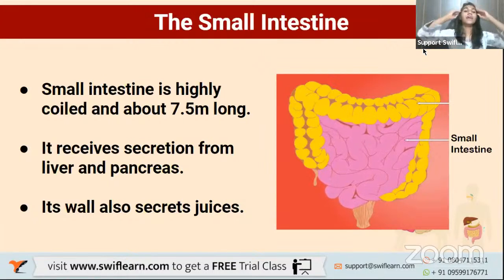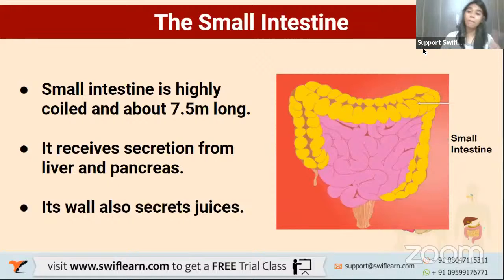Now, the small intestine receives secretions from the liver and pancreas. So the liver and pancreas are organs that help in the digestive process. How do they help? They secrete a lot of enzymes. These enzymes come and work on the food and digest the nutrients.